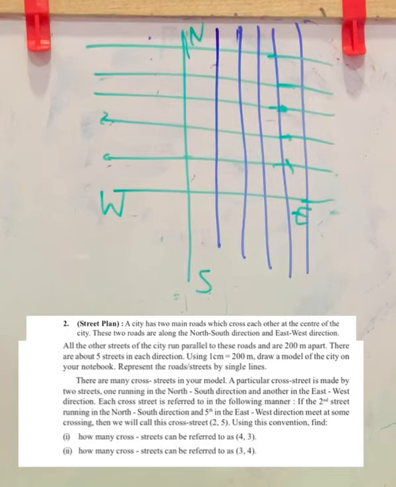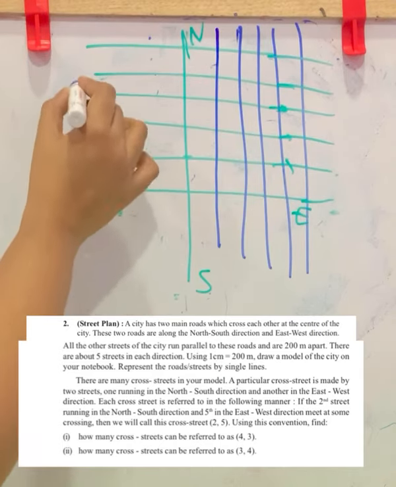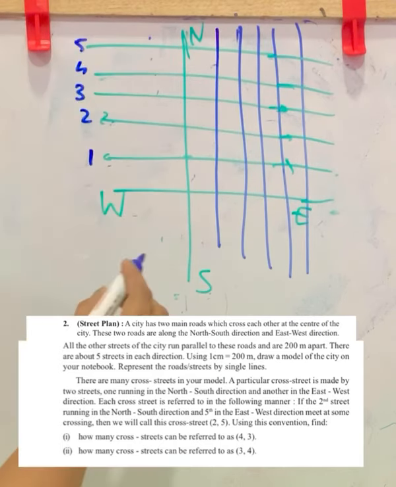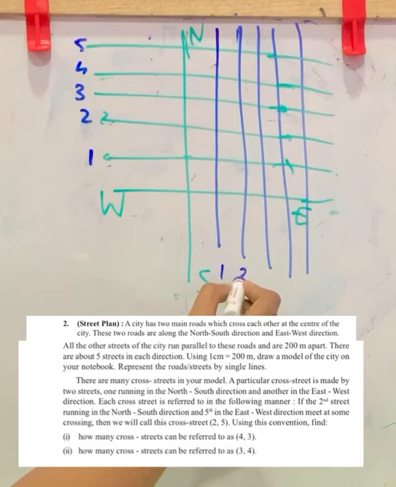Using this convention, find how many cross streets can be referred to as 4-3. First you name the cross streets: 1, 2, 3, 4 and 5, and here also 1, 2, 3, 4 and 5. Now the question is, how many cross streets can be referred to as 4-3?